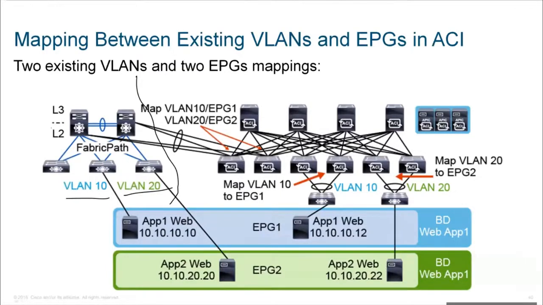It also appears they're using FabricPath here. They have a layer 2 VPC shown here. In order to do migration, Cisco recommended what is called a network-centric migration.